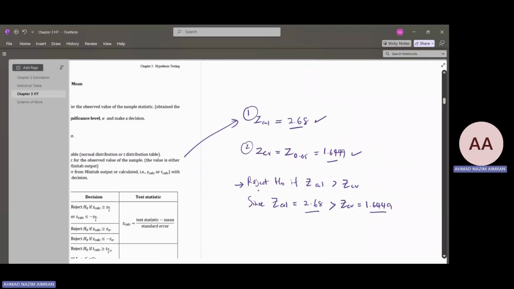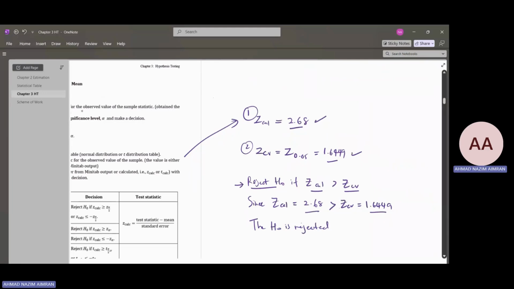And based on the decision rule here, we will reject the null hypothesis if Z calculated is greater than Z critical value. So we can conclude that the null hypothesis is rejected.